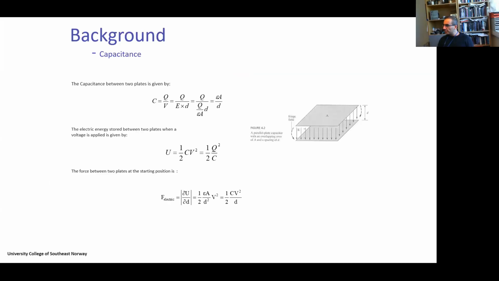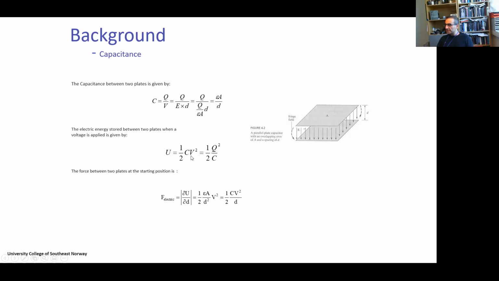So if we go back to our parallel plate, let's say we have the two plates, and in order to use this as a sensor, we need to bias it. So we apply voltage across it, and this will create an electrical energy stored between the two plates, which is given by this well-known formula, U is 1/2 CV squared.